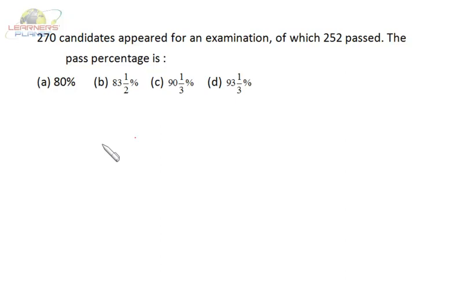Now let's see this question. 270 candidates appeared for an examination of which 252 passed. The pass percentage? See, in total there were 270 students. Out of them 252 passed. So we need to find out the percentage.